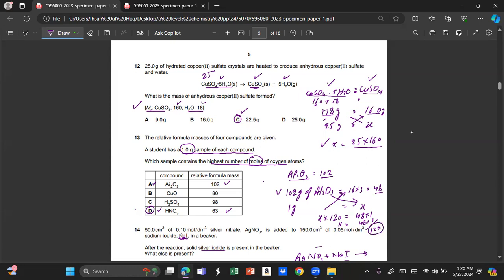The greater the relative formula mass, the less the answer will be. If you compare Al2O3 with HNO3, both have the same number of oxygen. In HNO3, the relative formula mass is 63, that means 63 will come down instead of 102. You will see the answer of X will be greater. So hence, we will go for option D, which is correct.